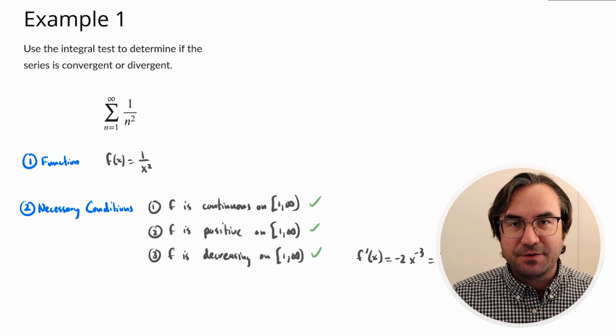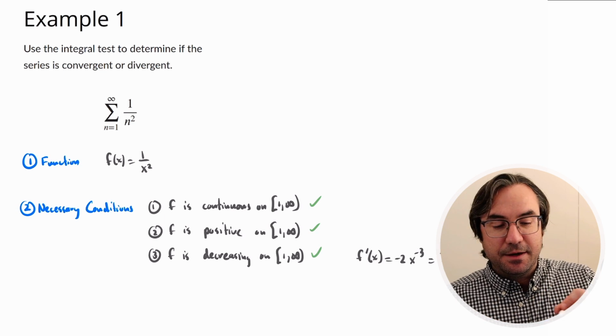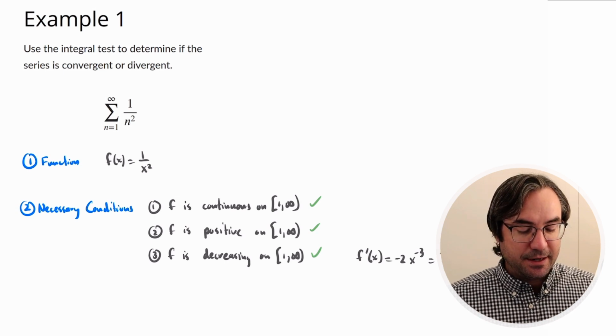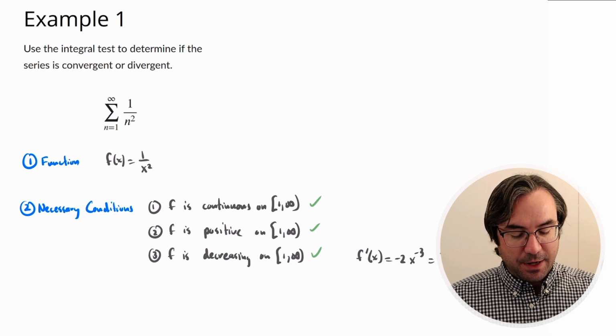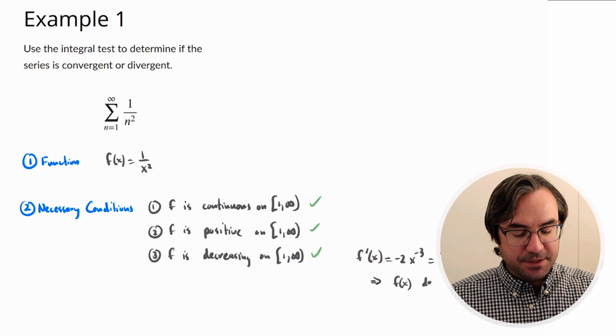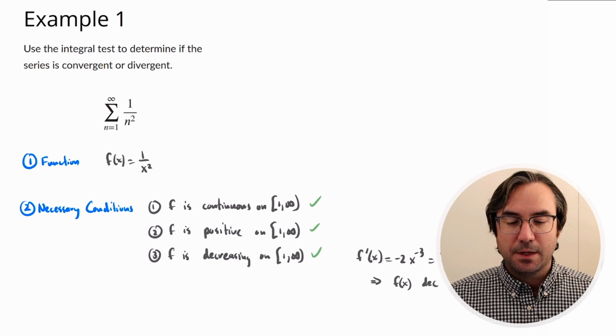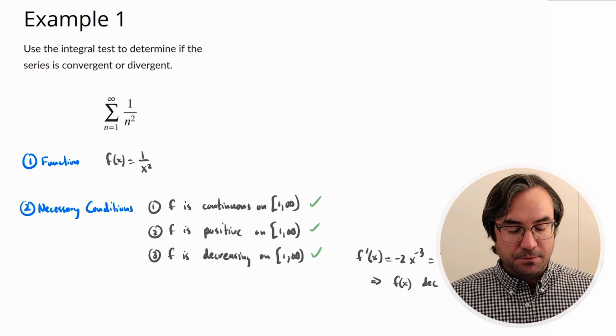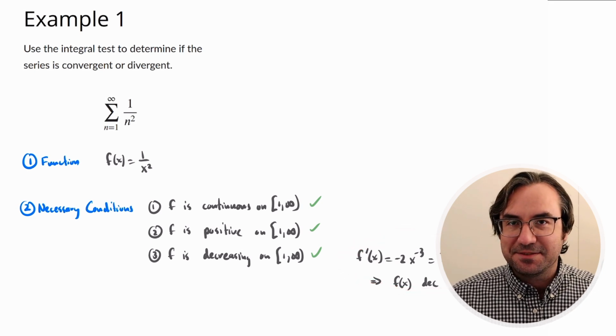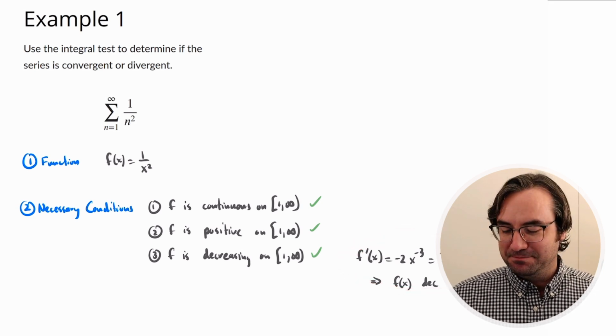So we've got a negative divided by a positive, and the result here is always going to be negative. So f prime negative implies the original function f is decreasing. So if you weren't convinced, hopefully you are now.